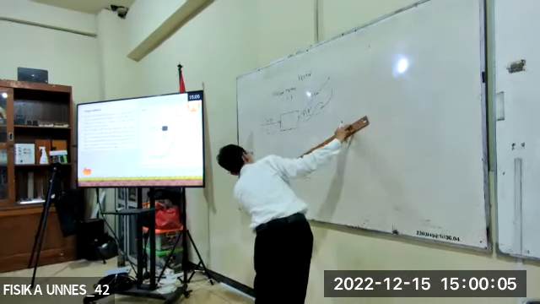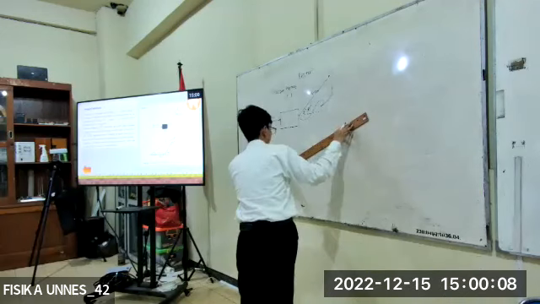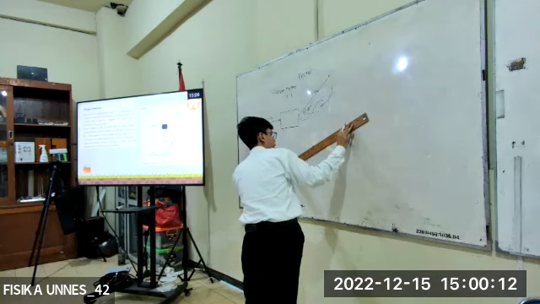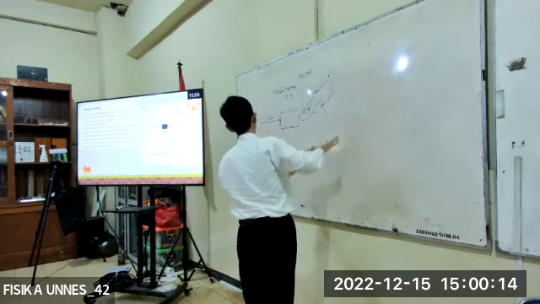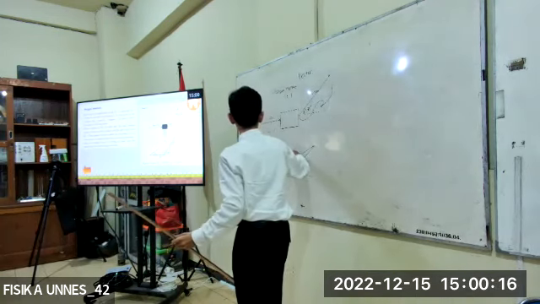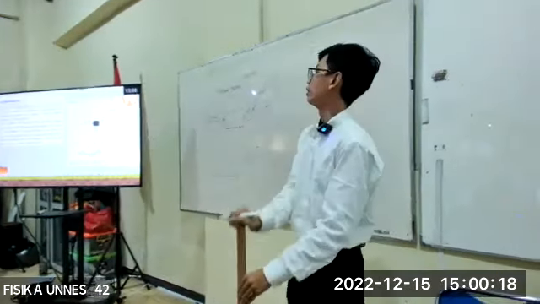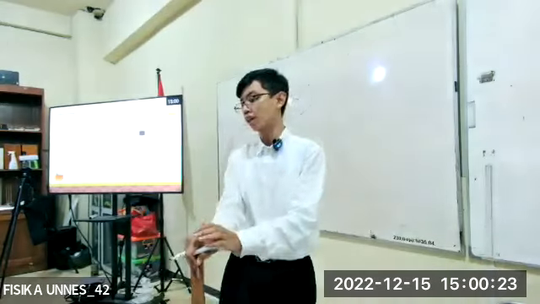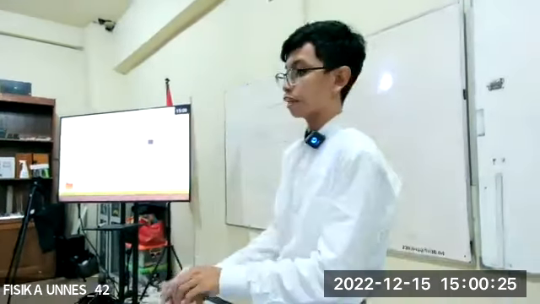We get to know that the resultant of the force is 57 Newton. So that's how we add the vectors using the polygon method.